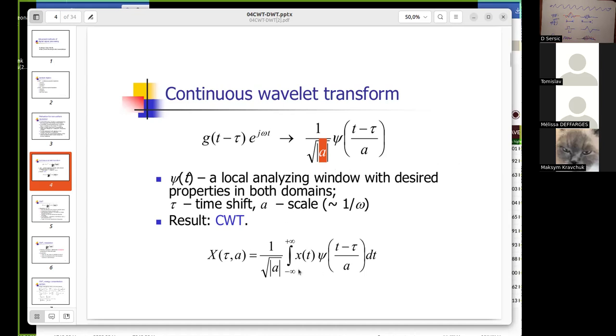And that brings us to a transform that looks like this. So instead of shifting the frequency, we are kind of expanding and compressing the function. We are still moving it to the left or to the right. This is the normalization term, and altogether it is called the continuous wavelet transform.